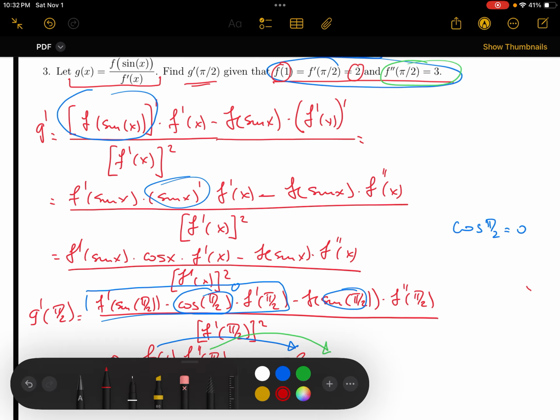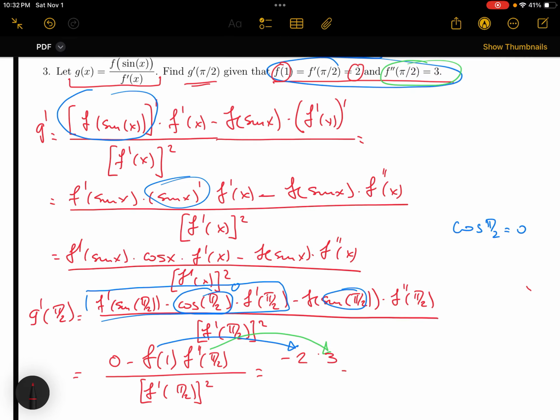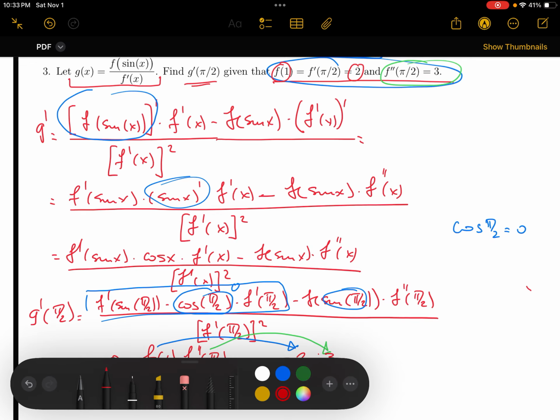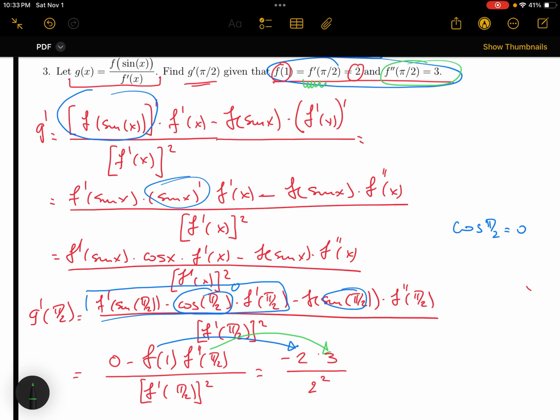So negative 2 times 3, divided by f prime at pi over 2, which is 2 from here, right? f prime at pi over 2 is 2, so 2 squared. And this finally is equal to, these two cancel, right? 2 and 2 cancel out. So negative 3 over 2.